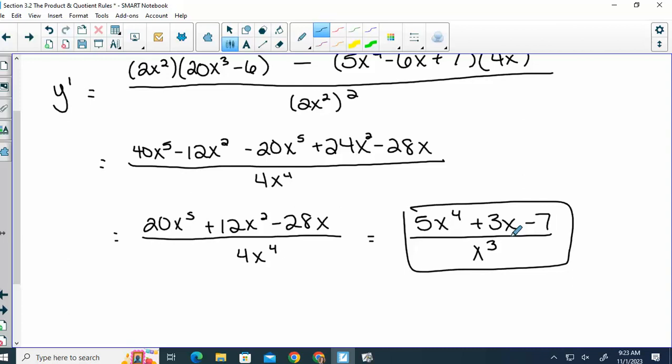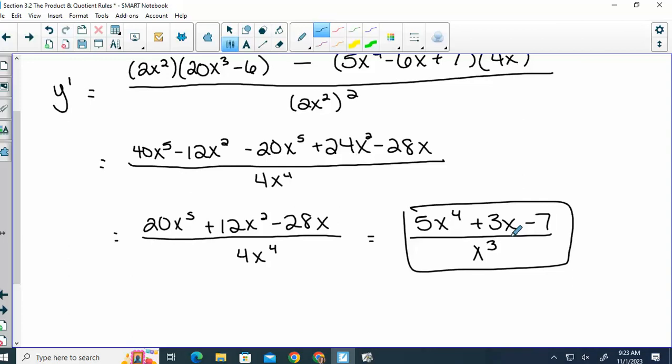If you first simplified and then did the derivative, your final answer would be 5x plus 3x to the negative 2 minus 7x to the negative 3. But they are equivalent. So we might have multiple correct answers that are equivalent. It's just going to look different depending on which approach you took to get to your answer. Is that one okay?